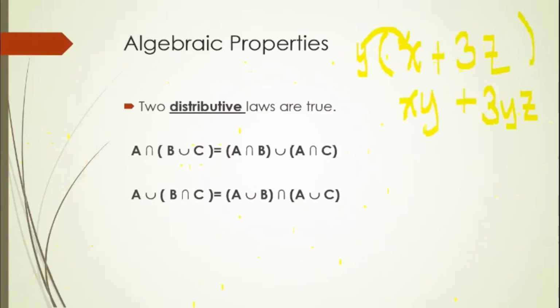Observe here that the symbol outside the parentheses will now be the symbol inside the parentheses, and the symbol inside the parentheses will now be the one outside. So you have to take note of that. That is how you distribute the symbol.